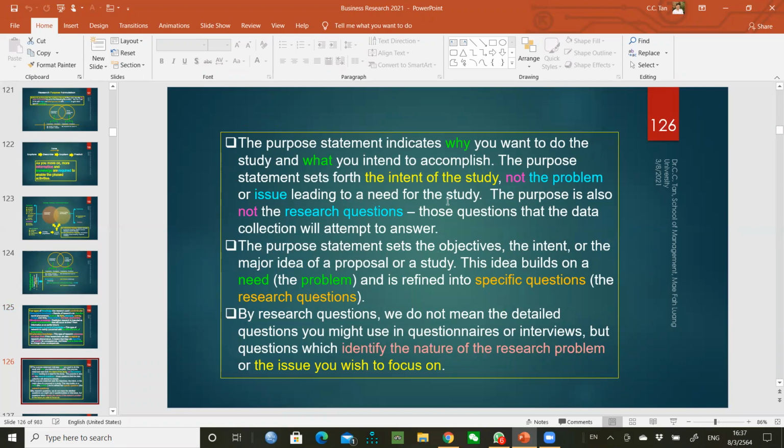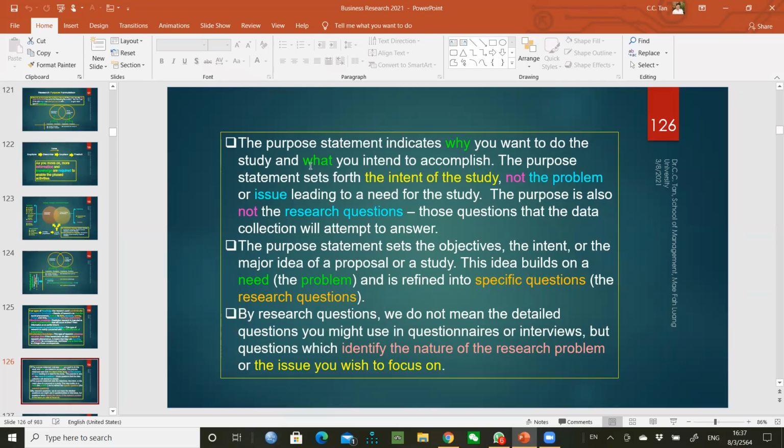So the purpose statement indicates why you want to do the study. Why you really need to study is already established in the purpose. And what you're going to do: is it to describe, compare, identify, or explore, and in what sense, or to get into the nature and the relationship? That is what you intend to accomplish.